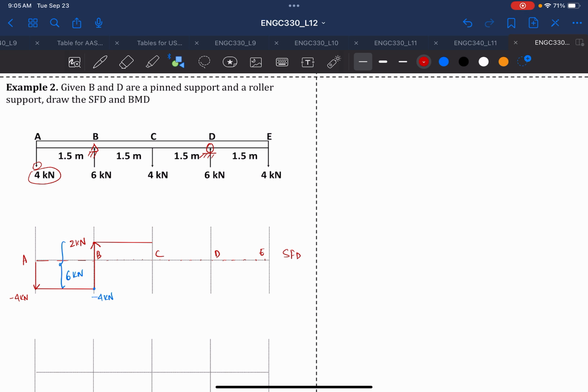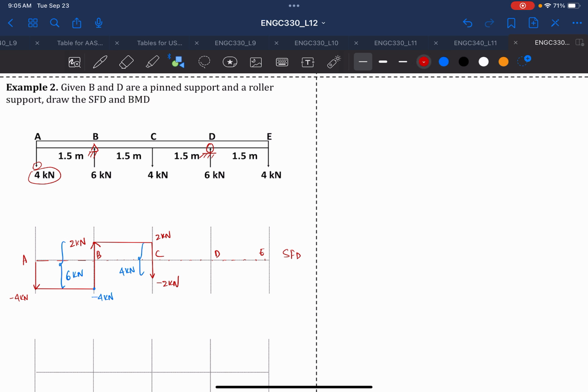At point C, because this is already 2 kilonewton, we need to go down by 4 kilonewton. So 2 already from the top, positive, and then we go down till here, which is minus 2 kilonewton. Again, this distance has to be 4 kilonewton.